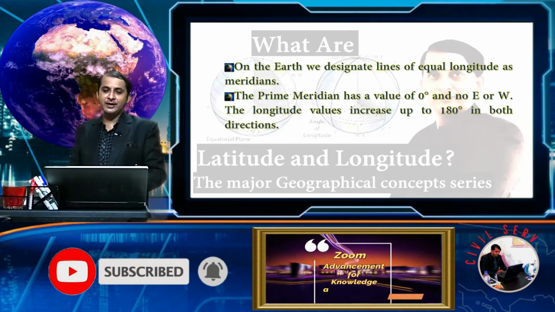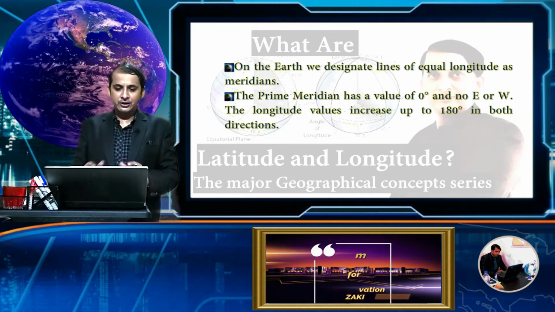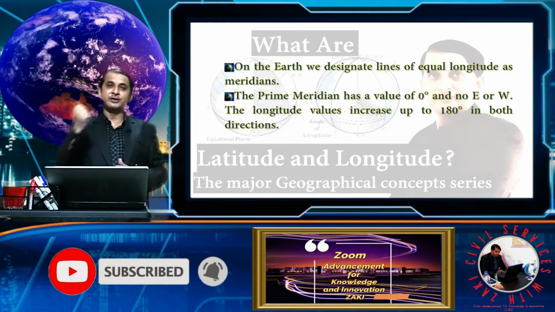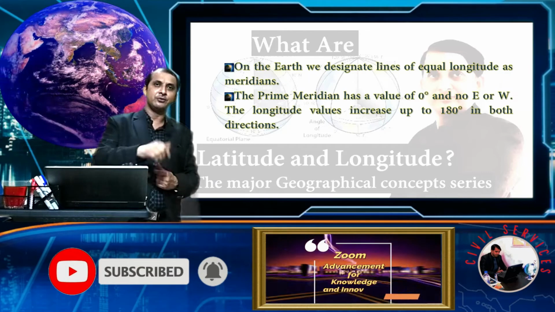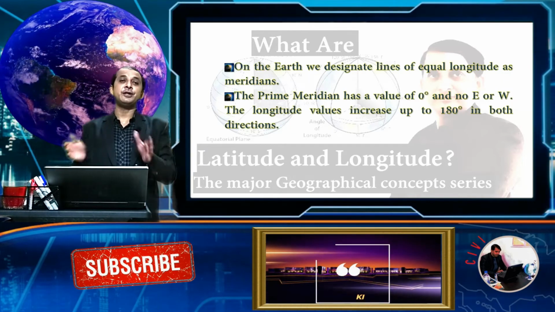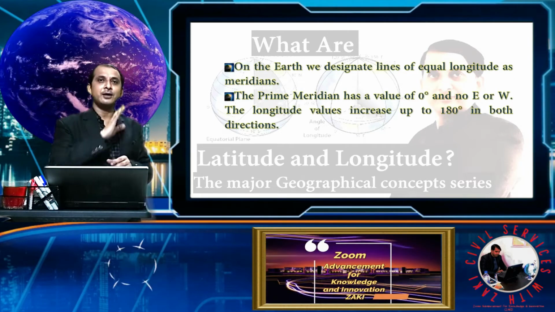The prime meridian has a value of 0, and there is no east or west. The longitudinal value increases up to 180 degrees in both directions, 180 degrees east and 180 degrees west. So it is only 180 degrees on our earth.